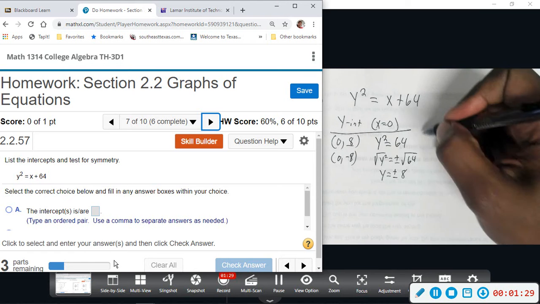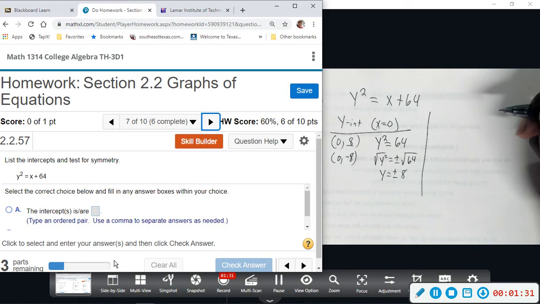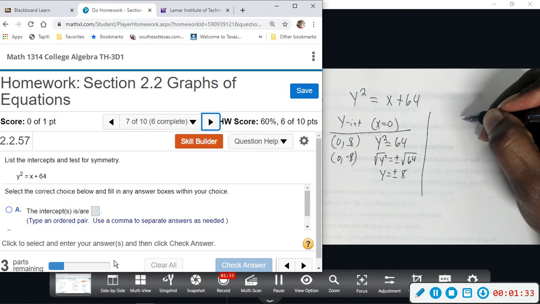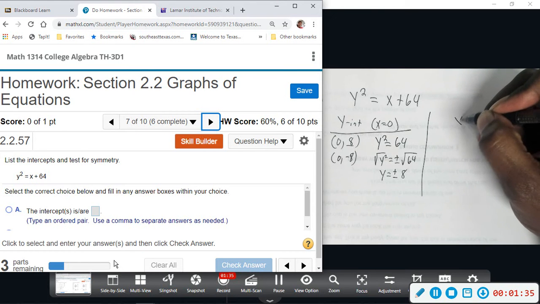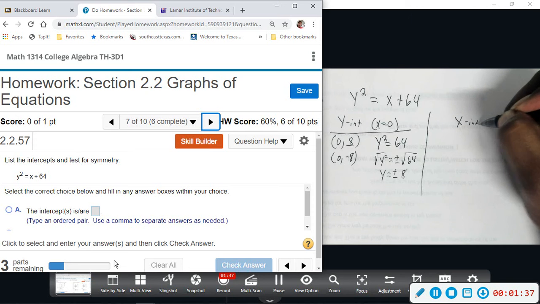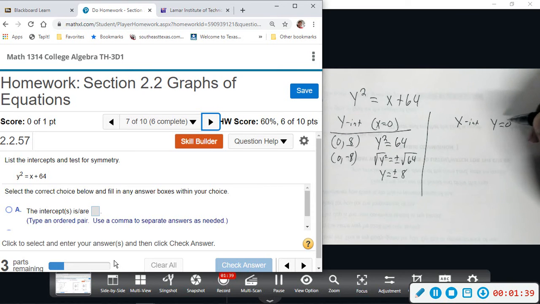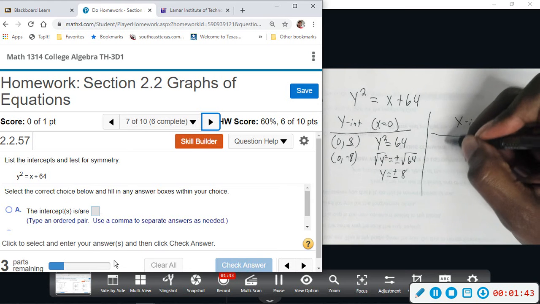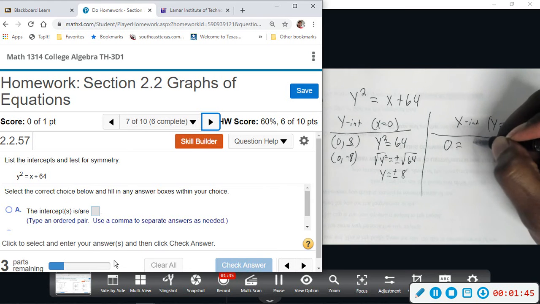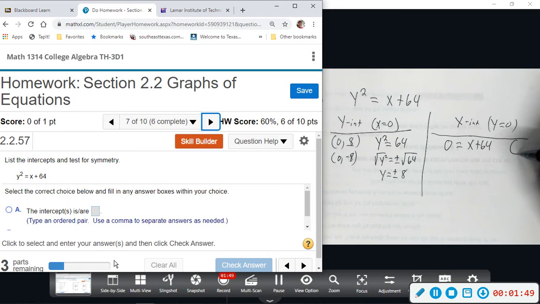X-intercepts. This time y equals 0. So we will have 0 equals x plus 64. Ordered pair will look something like this.